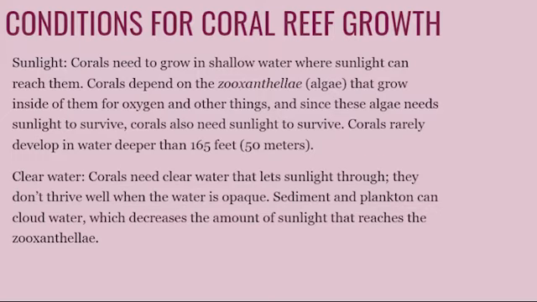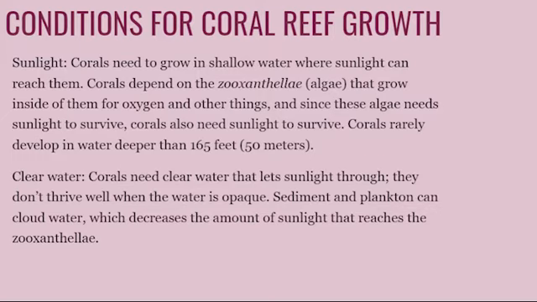Now, coral depends on algae that grow inside of them for oxygen and other things. And since these algae need sunlight to survive, corals also need sunlight to survive. Alright? So the corals depend on algae. So that's the first thing. Corals depend on algae, right?